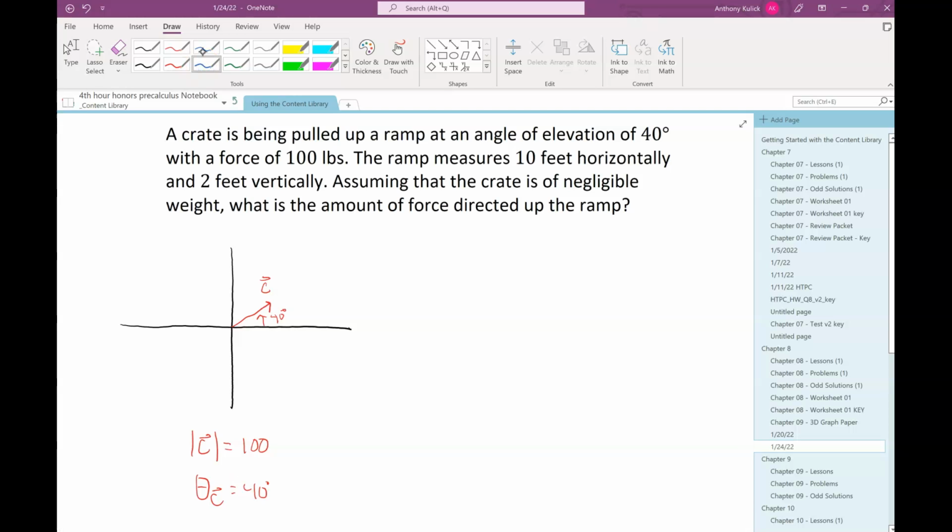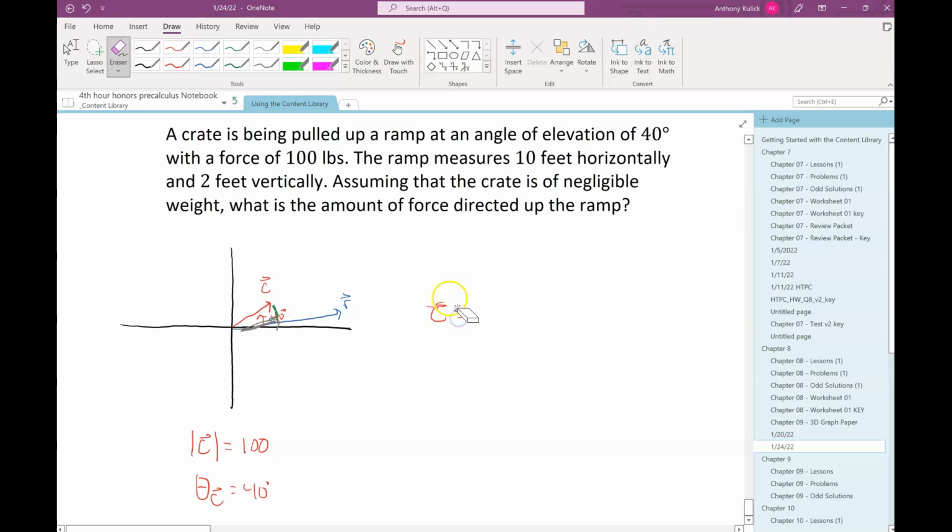And then I have my ramp vector, so that's 10 feet horizontally and 2 feet up. So maybe that's my ramp vector. And what I'm going to be doing then is projecting that crate down onto the ramp.